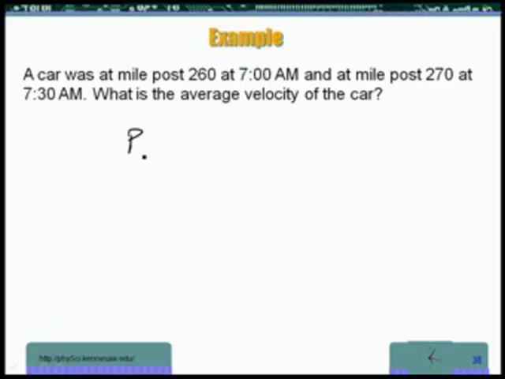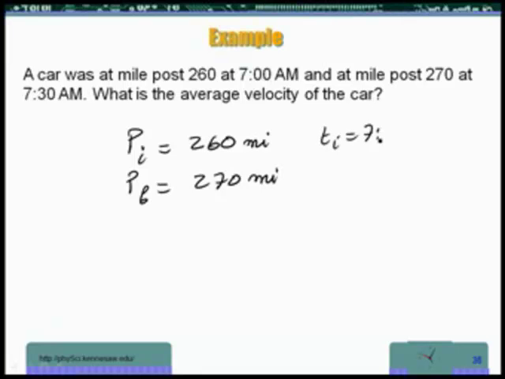Position 1, or the initial position, is mile 260, so 260 miles from the border, in this particular case the border with Florida, and P final is going to be at mile 270. Now T initial is 7 a.m. T final is 7:30 a.m.